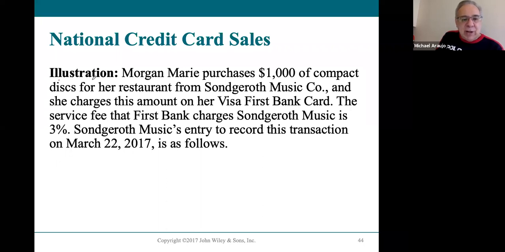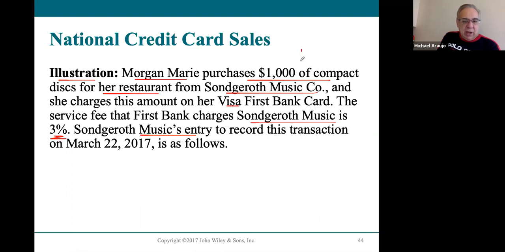A quick illustration of how it works: let's say Morgan Marie has a restaurant and she buys $1,000 worth of CDs from this music company. She uses her Visa. However, the music company charges a 3% service fee to be part of that. So what's the music company going to put down on their books?